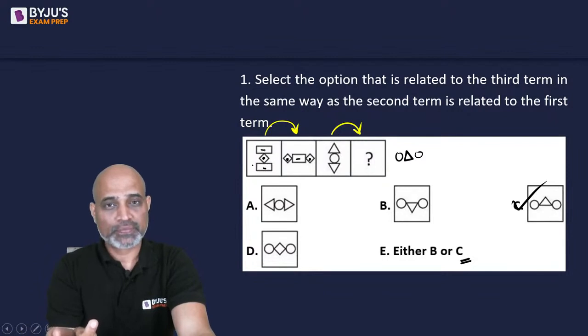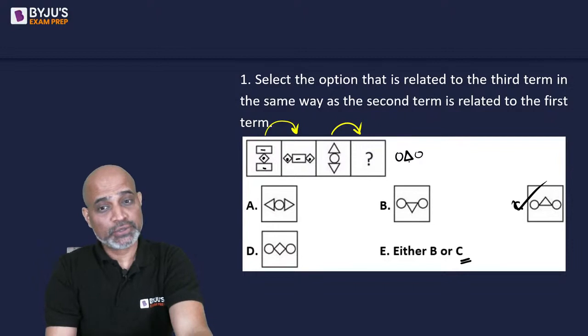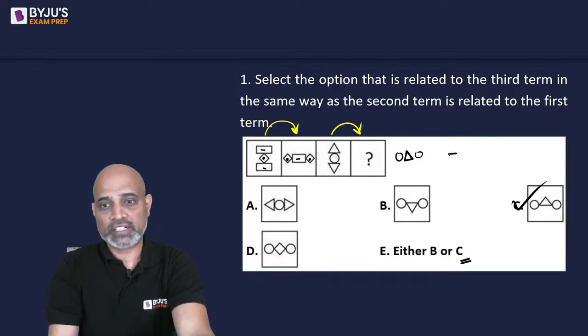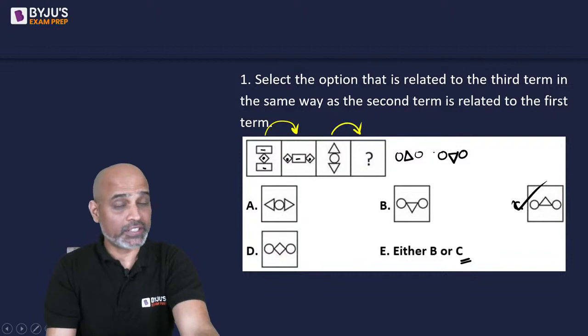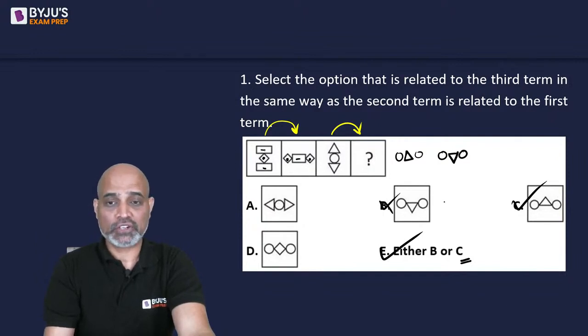Hai ki nahi? So if these triangles we have, whether the triangles will continue to remain the same way or will it change, we don't know. While the circle, if it inverts, then also it will make no difference, right? But the triangle, it will make a difference. So we can have B as well. So the correct answer is going to be E and not C.